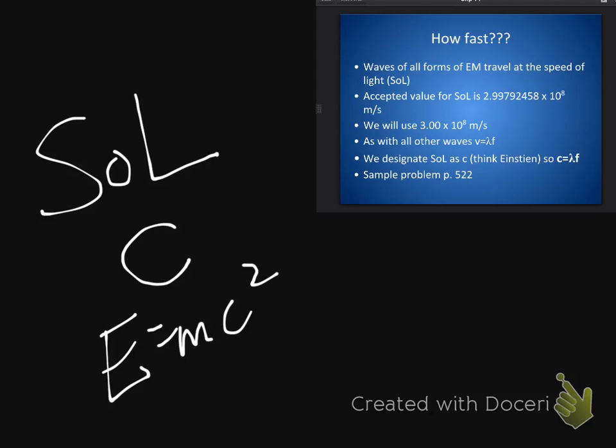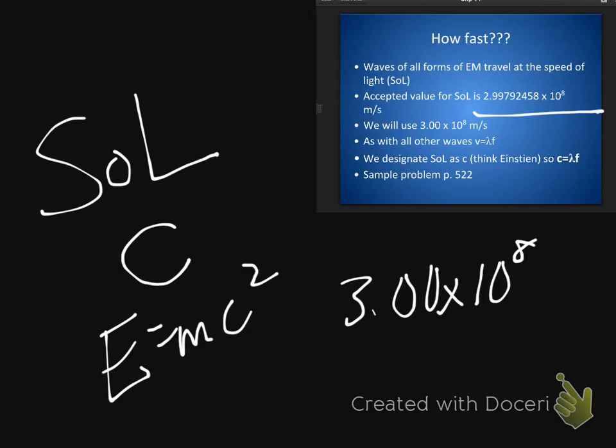So there is an accepted value for C, 2.9979245 times 10 to the 8th meters per second. However, in pretty much all calculations outside very high level physics, we use 3.00 times 10 to the 8th. That's 99 million miles. So it's pretty darn fast.